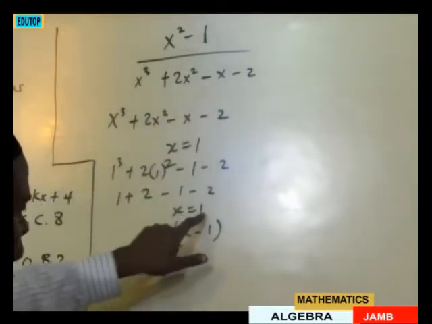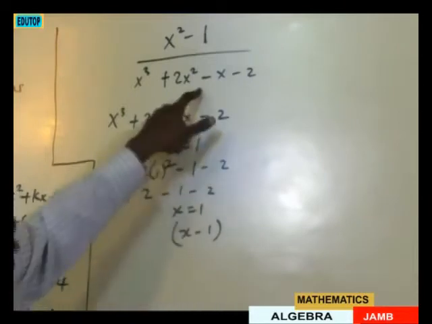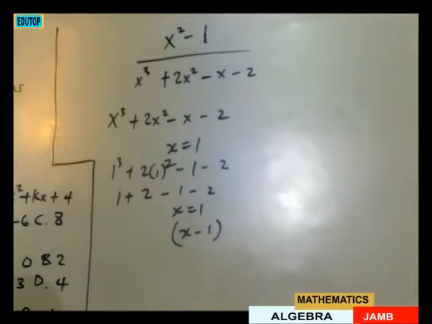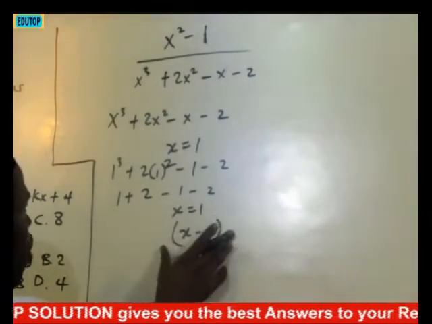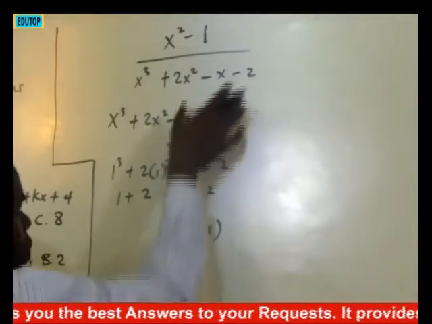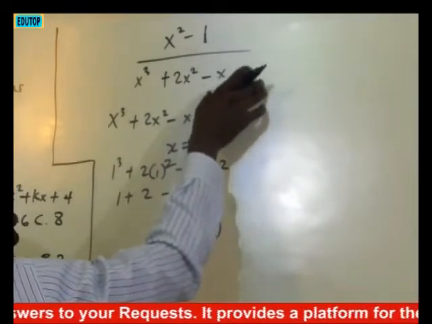Why? By the time I transfer this one to the other side, it becomes x minus 1 is a factor of this denominator, that's the polynomial. So since I've known that it's a factor, I can now use the long division method. By the time I use this one to divide this one, I will have a polynomial of degree 2, the one we call quadratic.